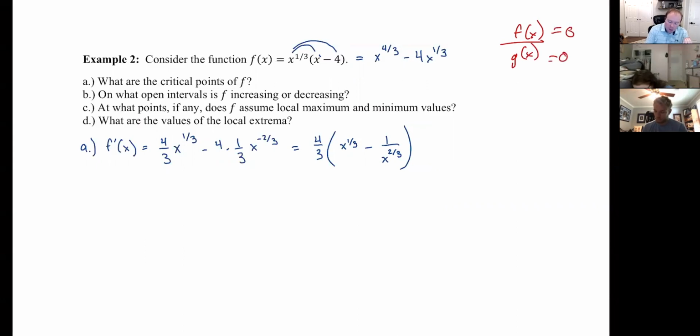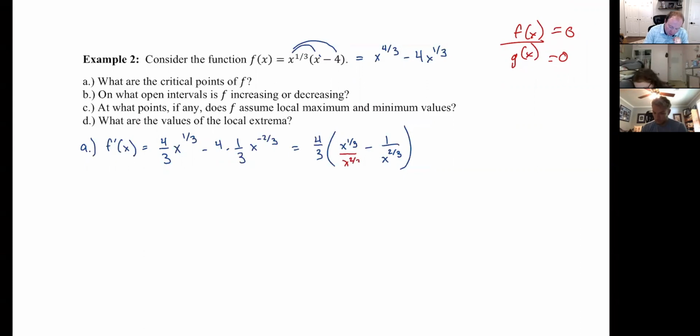The top will be where you have the critical points, where the function's equal to 0, so you have your tangent lines. The denominator is where you would have something like a cusp or a corner, because that's where the derivative would be undefined.